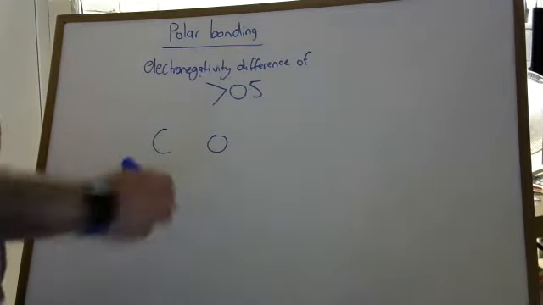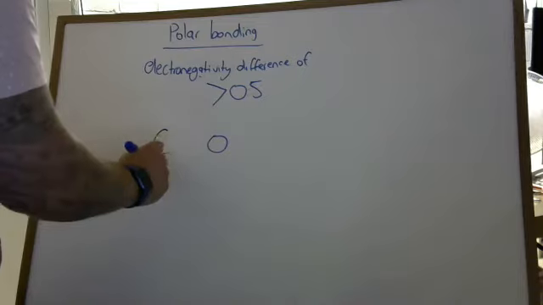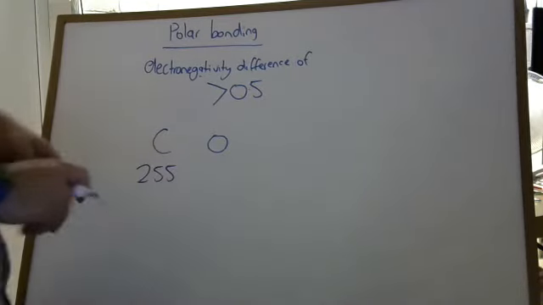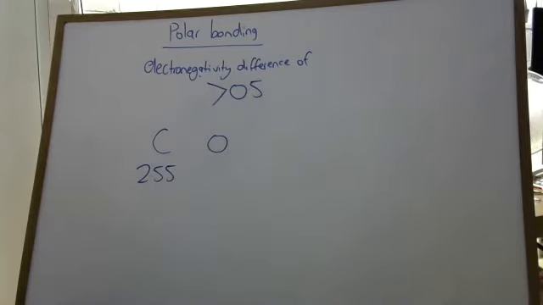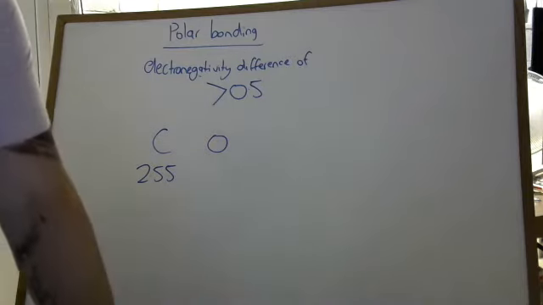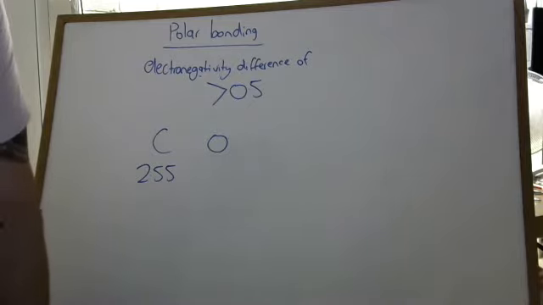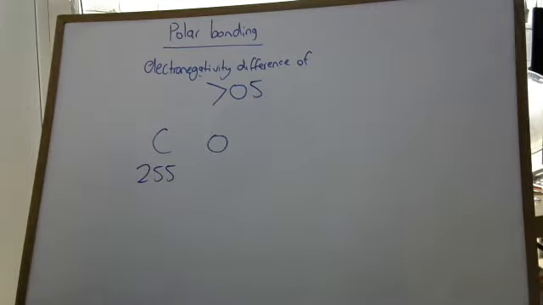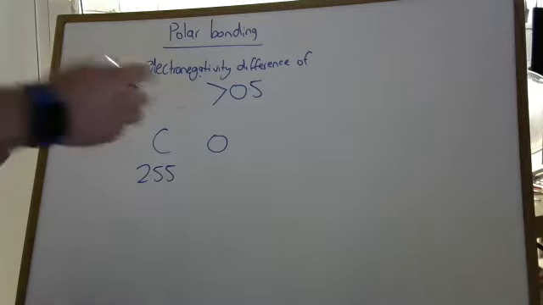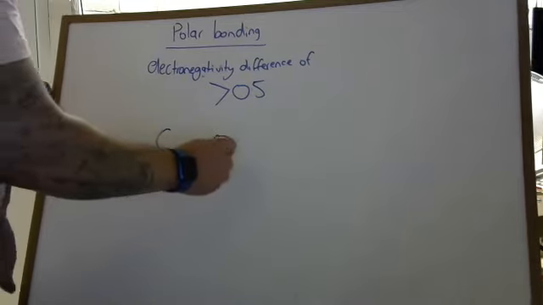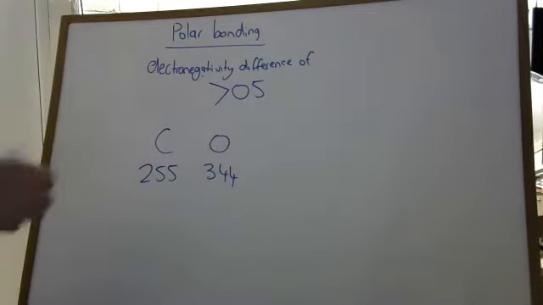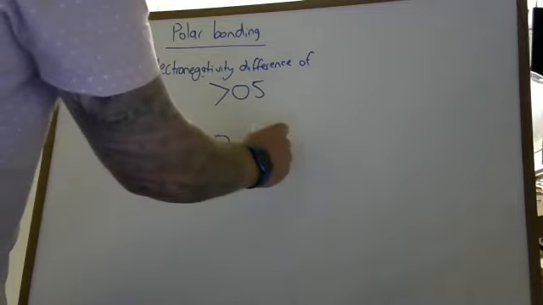So again, if someone wants to have a look at the electronegativity value of oxygen, so oxygen is 3.44. So you can see there, the electronegativity value difference is 0.1.